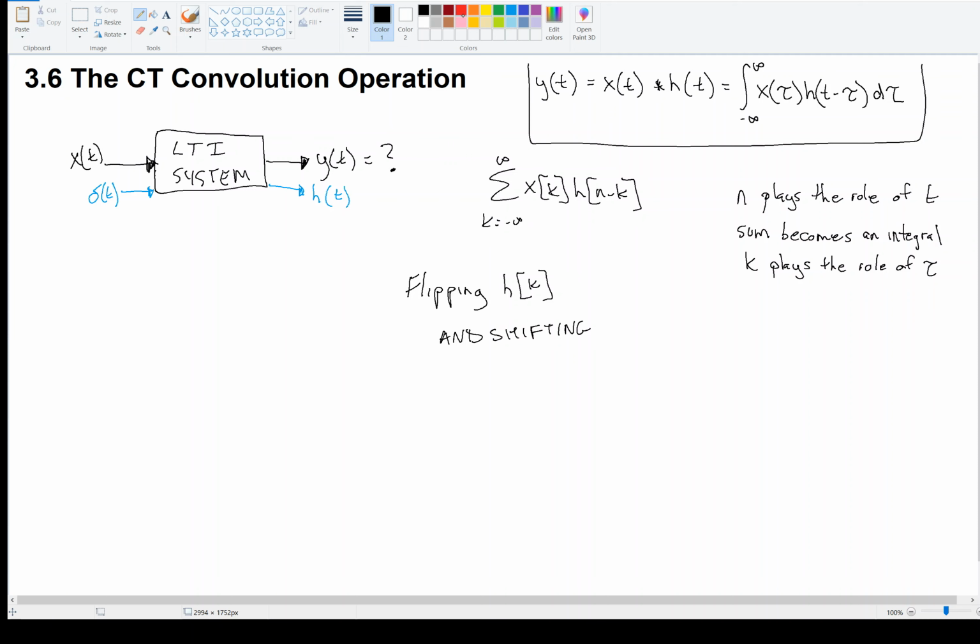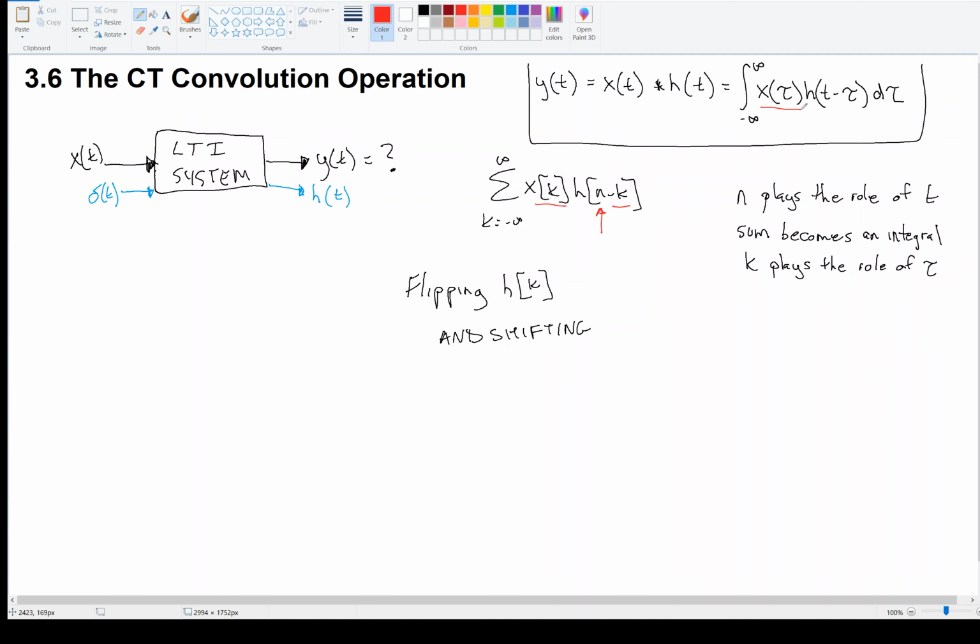Well, remember where we got flipping and shifting. We said, okay, this dummy variable k looks like the independent variable in x of k and h of k. So we see that the k appears with a minus, so that's why we flipped it, and then we shift it by n.